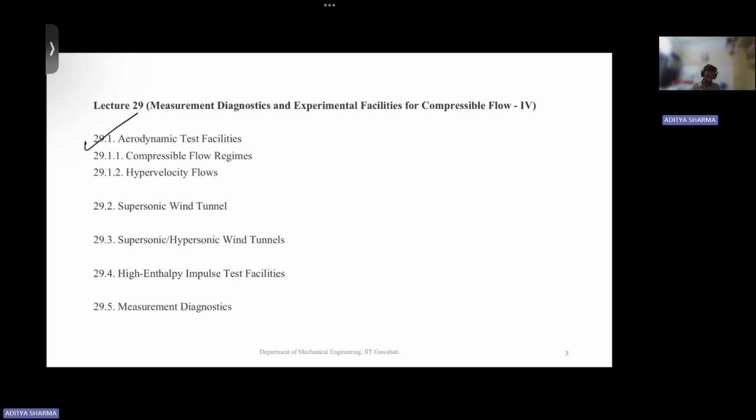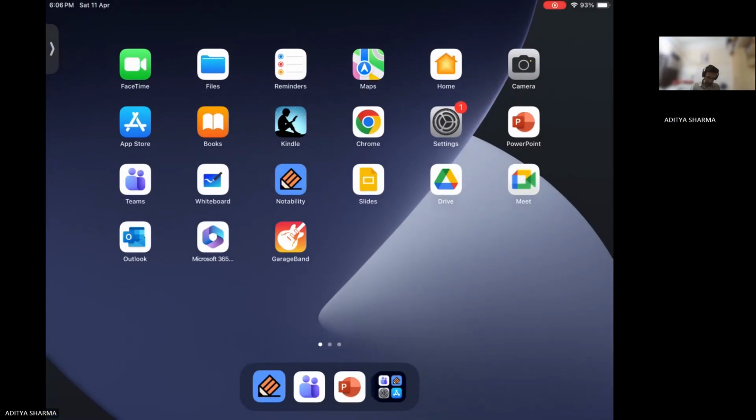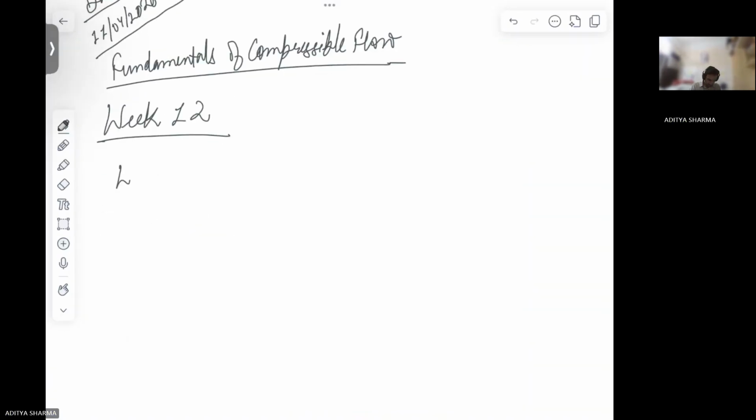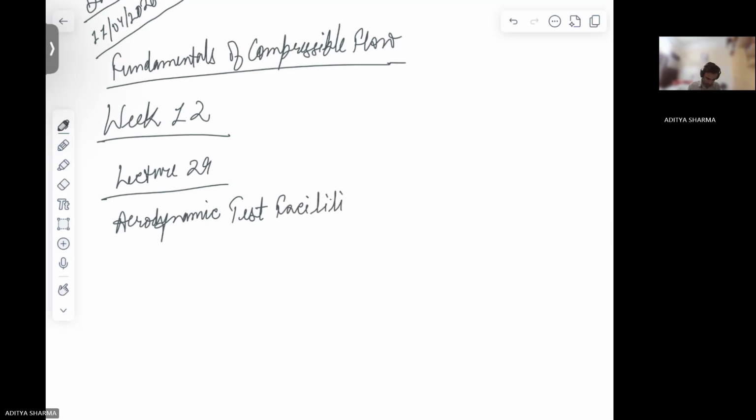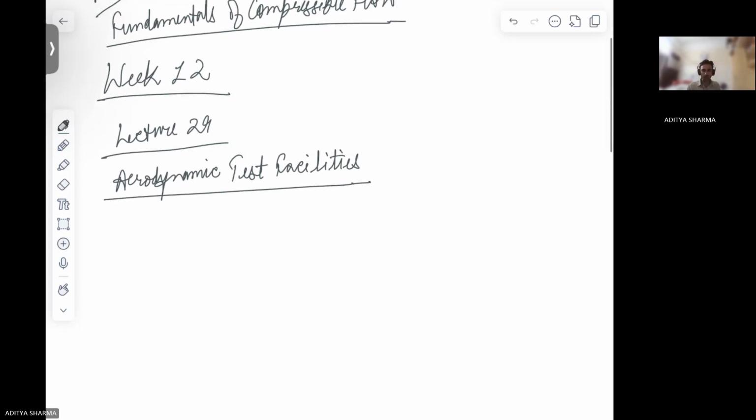Aerodynamic test facilities, lecture number 29. Here we have started with compressible flow regimes.